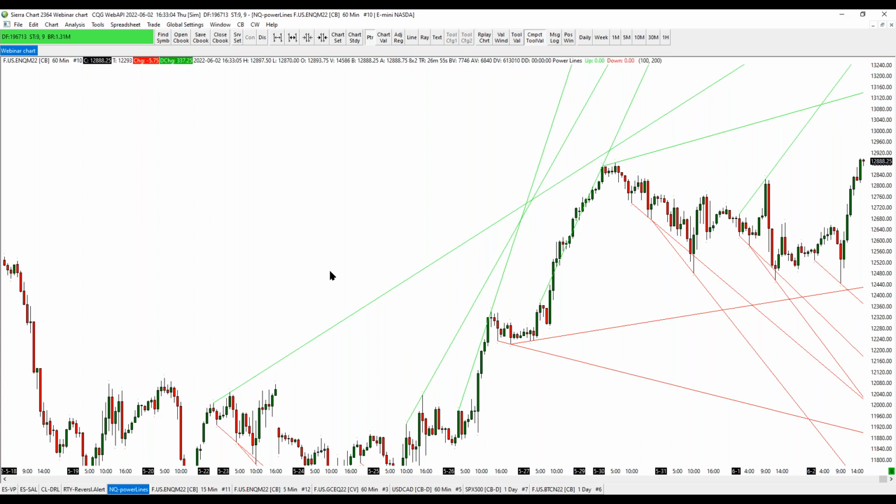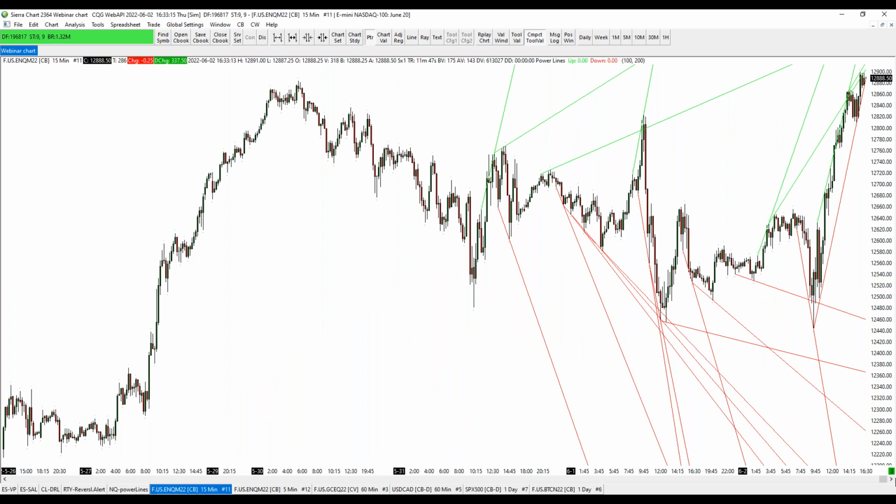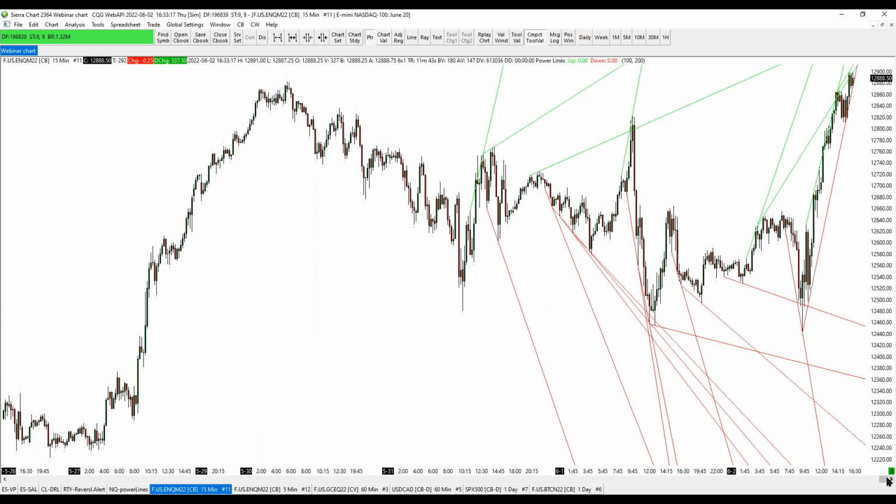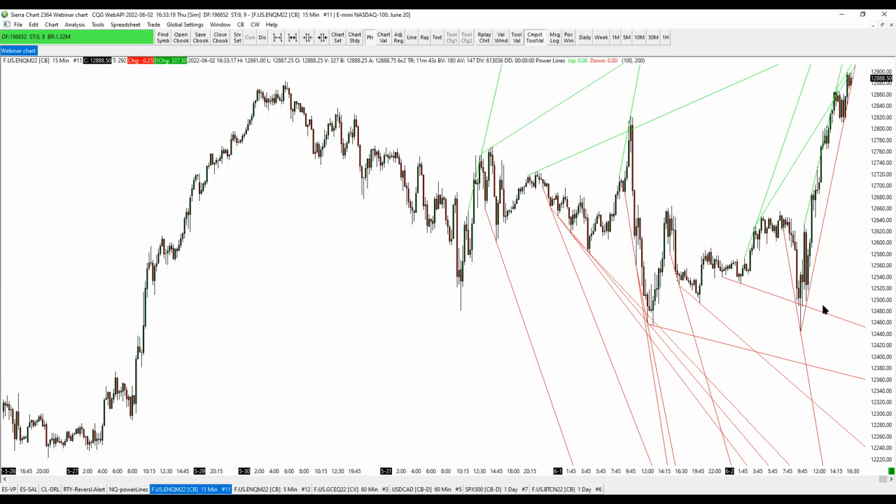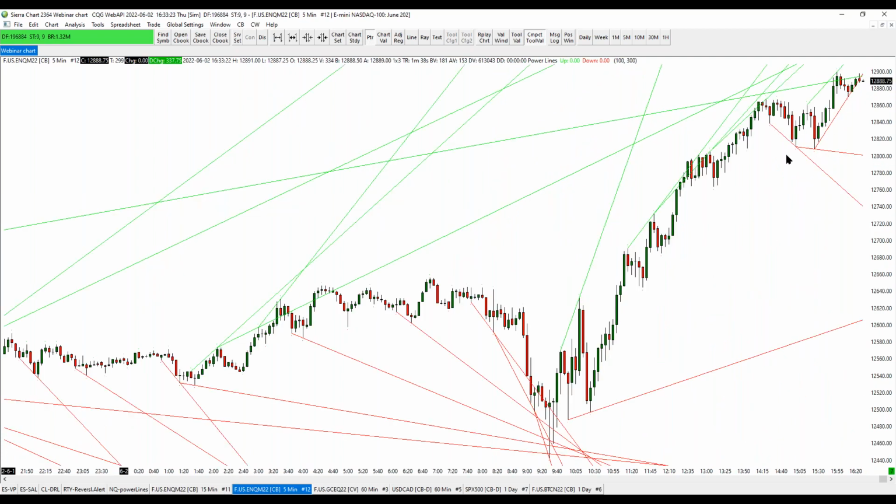And typically how you trade those is that you put them on a 60-minute, put them on a 15-minute. See how on the 15-minute they bounced from here. Put them on a 5-minute, see how they bounce from here, and they created this kind of a resistance here.